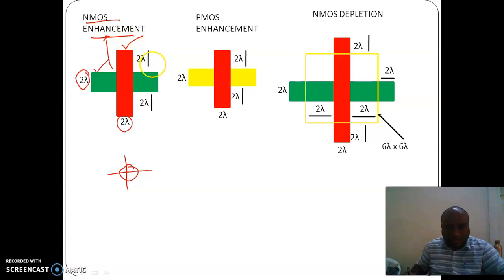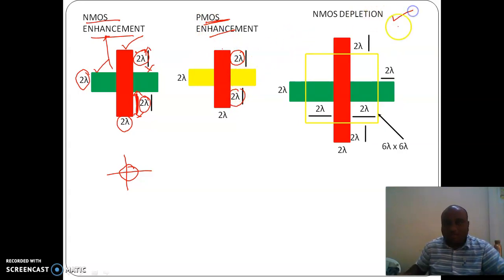The rule to follow is that the extension of the polysilicon beyond the diffusion is 2 lambda. Similarly, polysilicon overlapped with the P diffusion, yellow, makes a PMOS enhancement transistor, with similar dimensions.